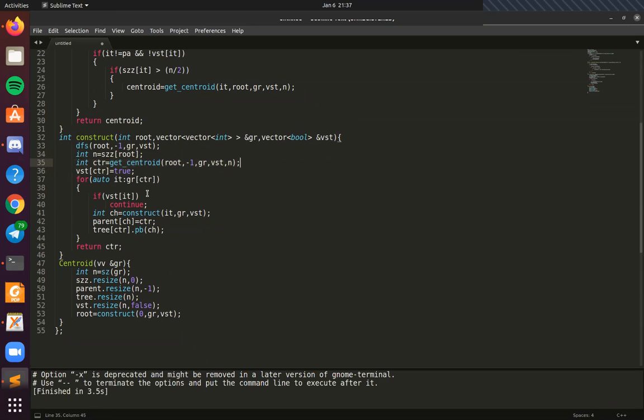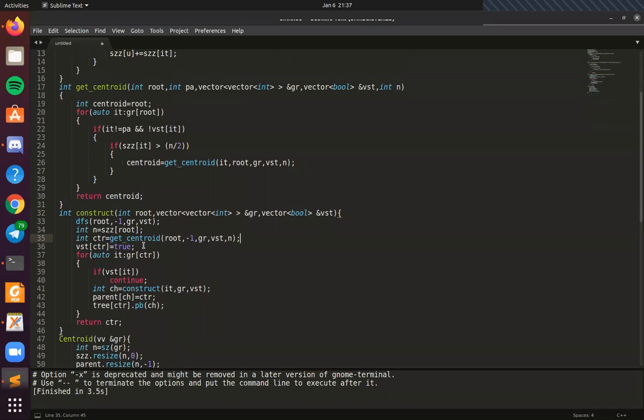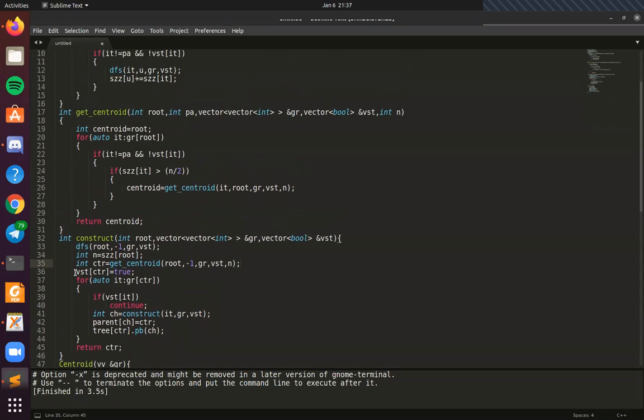Now how do I remove the centroid? I am using a visited array, which is true when the node is visited. I want to remove this node, but I don't erase in vectors.